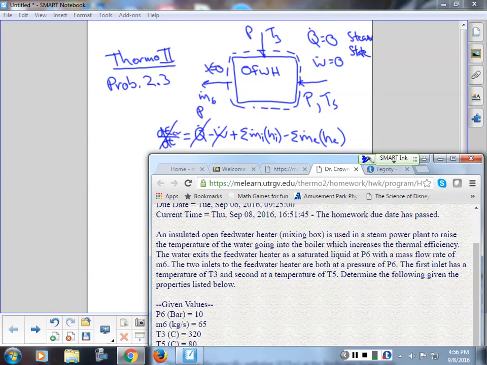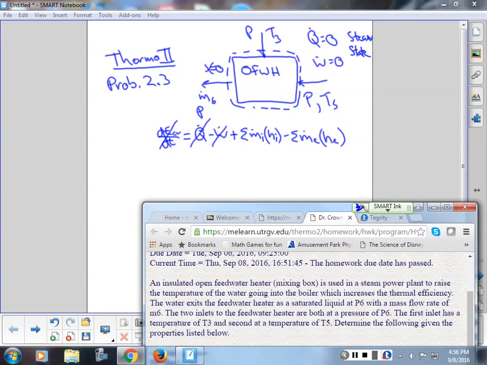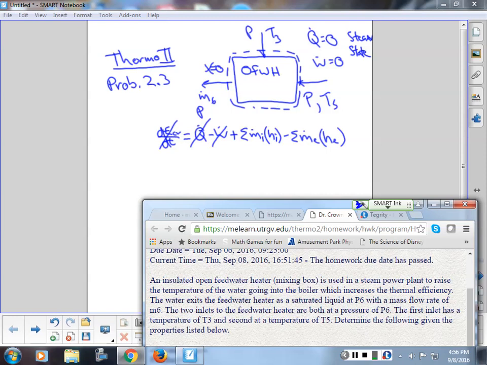So I'm just left with the mass flow rate times the enthalpy at all the inlets is going to equal the mass flow rate times the enthalpy, the sum of those at all the exits, and there's only one exit. So this problem then becomes, I'll move this to that side of the equation, and I'll get M dot 6 h6, which is my exit.